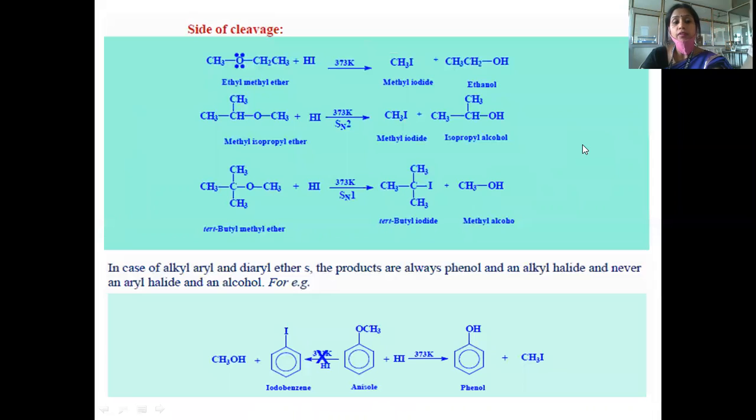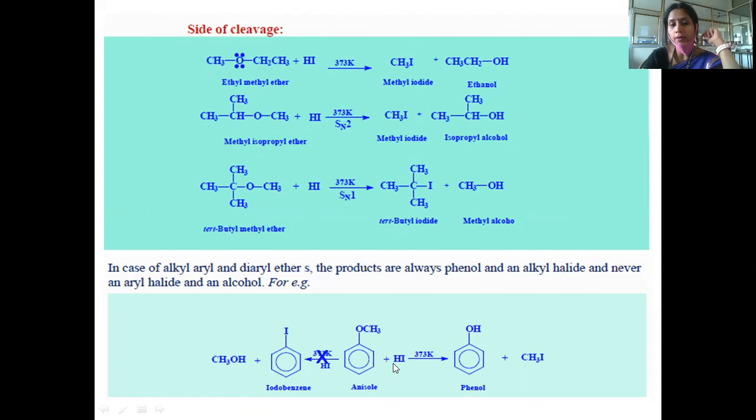Now in case of alkyl aryl and diaryl ethers, the product is always phenol and an alkyl halide, and never an aryl halide and an alcohol. So if we react anisole with HI, there could be two possibilities.